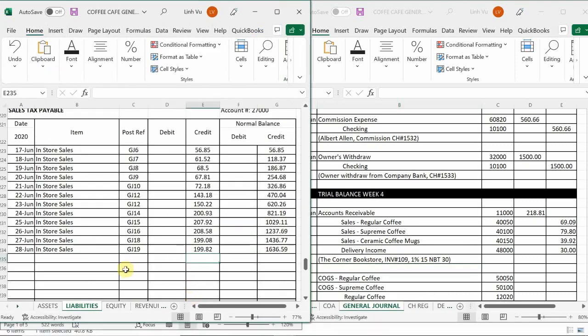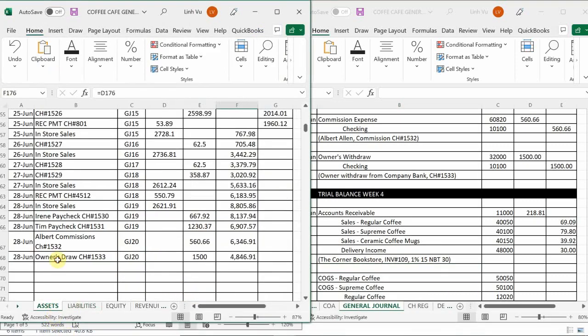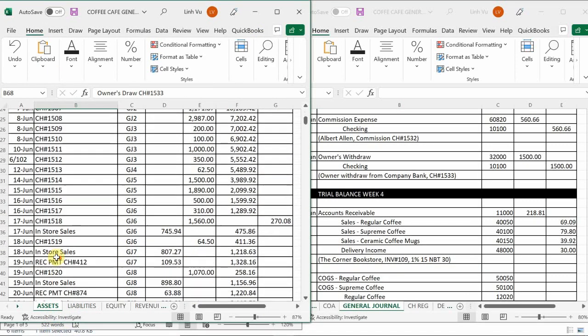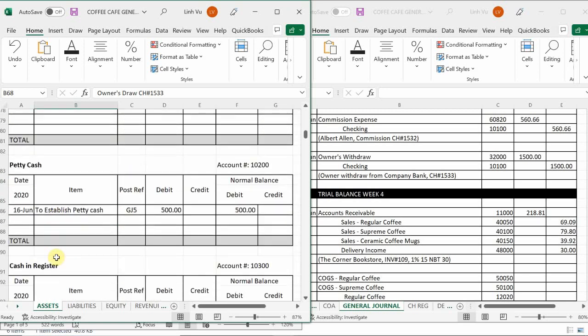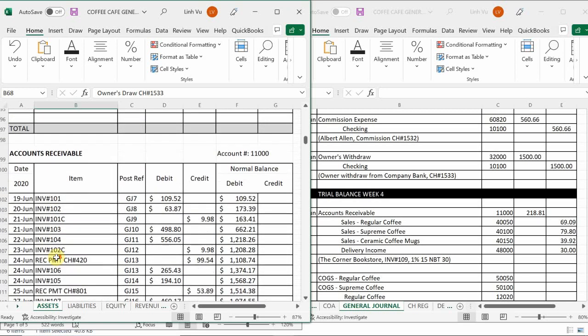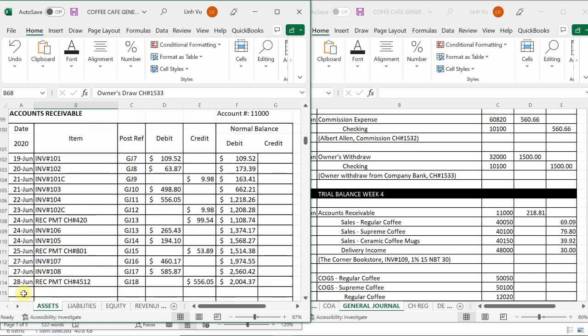Starting with accounts receivable, we're increasing the money that customer owes us. So here you go, accounts receivable.